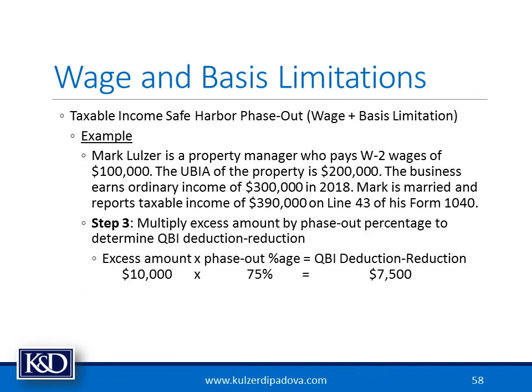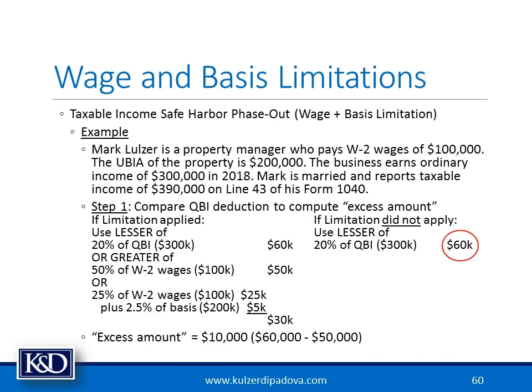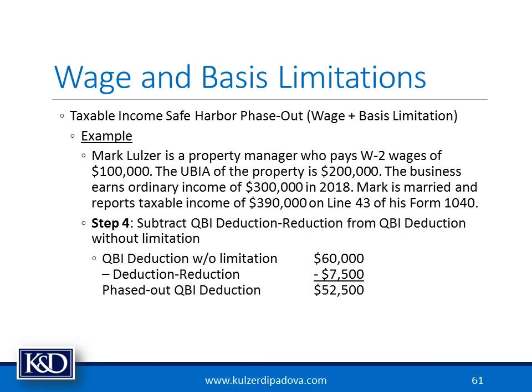Then you take the phase-out percentage and multiply it by the excess amount, and that gets you what I've called your QBI deduction reduction. I call it that because it rhymes, and maybe you'll remember it. So 75% of $10,000 is $7,500. You take your original QBI deduction without the limitation, which was $60,000, and reduce it by the QBI deduction reduction, and you get $52,500. That is your phased-out QBI deduction.